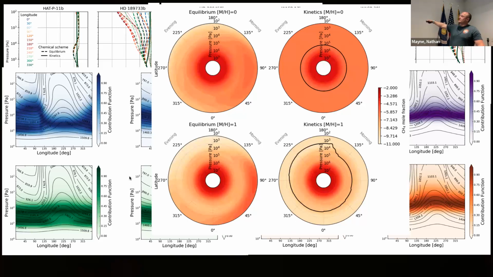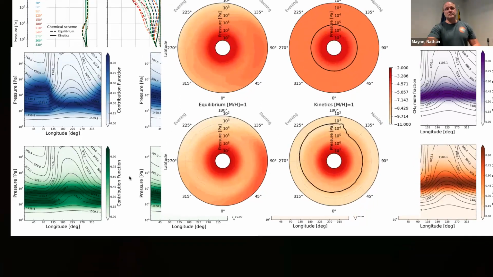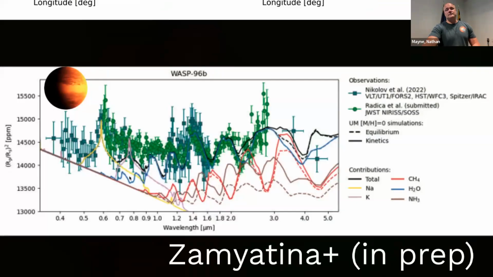And then this is the quenching changing as you have a different metallicity, as the chemistry is changing, the opacity is changing, etc. So the key thing I think to take away from this first bit is that mixing, we think, affects the chemistry, and whether it is affecting quantitatively what we see or not is a question to pick apart and to compare models to observations and understand where that transition occurs.